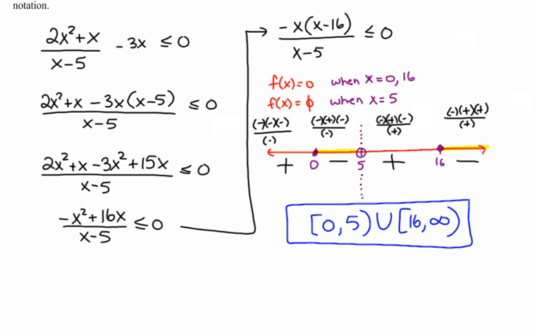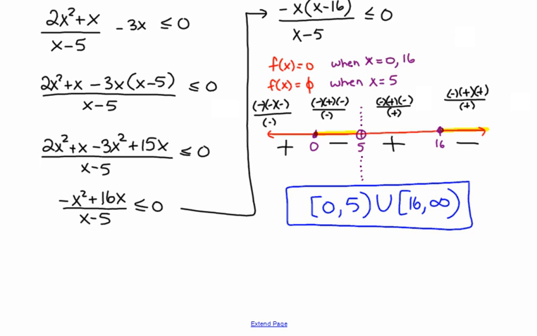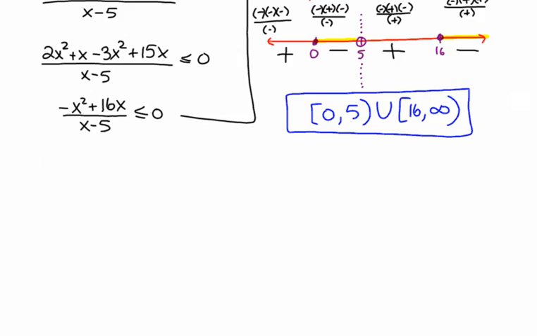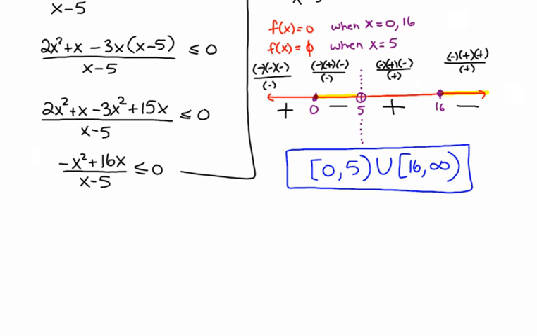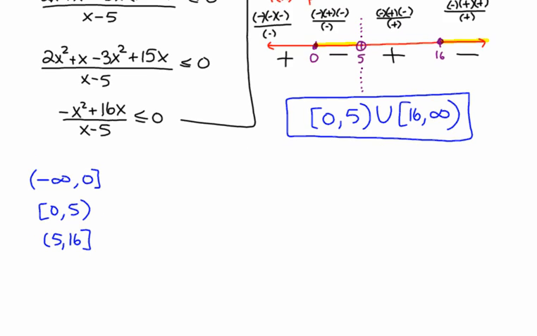Okay. Now, if you actually did a chart for this, just as a side note, we would be working with this function right here, right? So I still would list my critical values. We have three critical values, so we have four intervals: negative infinity to 0, 0 to 5, 5 to 16, and then 16 to infinity.